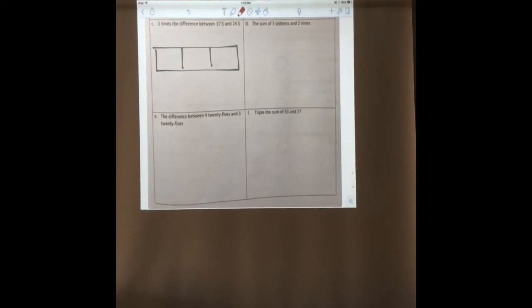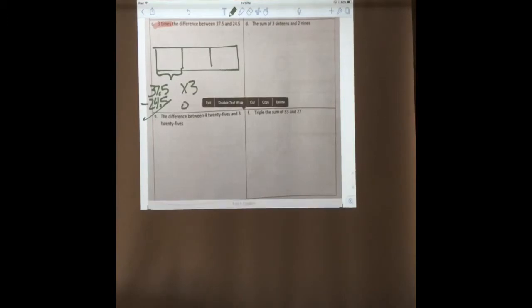All right. So 3 times, that means we're going to be doing what? Multiplying by 3, right? And this one right here is what? 37.5. And what's difference mean? Difference means what? Subtraction. And this is a 24.5, is that correct? 5 minus 5 is? 0.